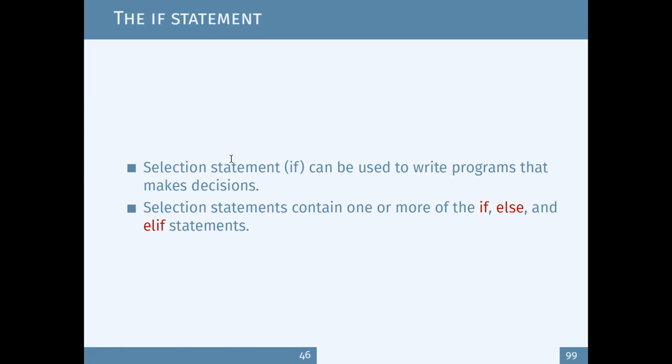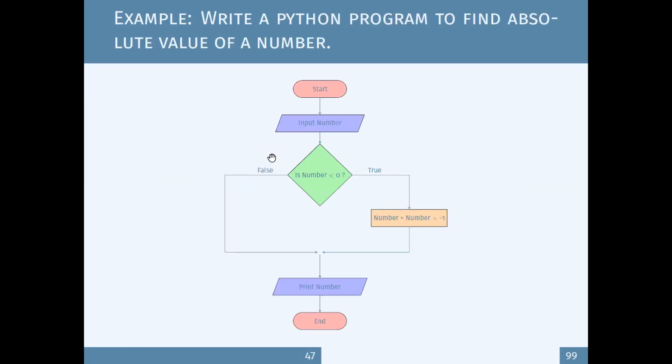And then you can have another condition with the elif statement. Right. Now let's look at how we could convert this into a Python program. Any ideas? Can you try and let me know in the chat?